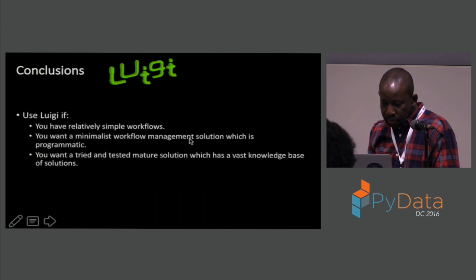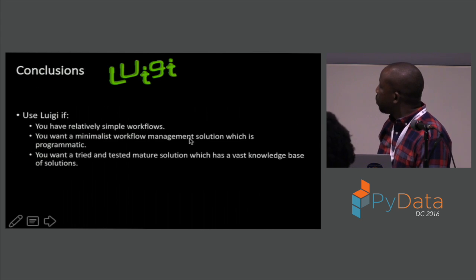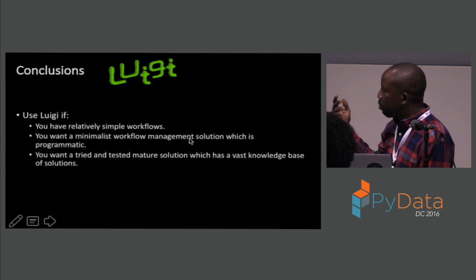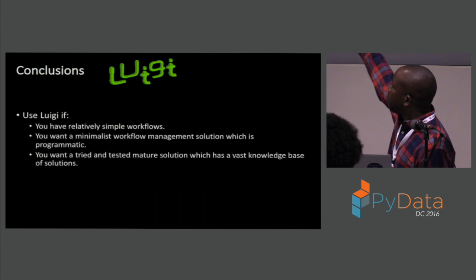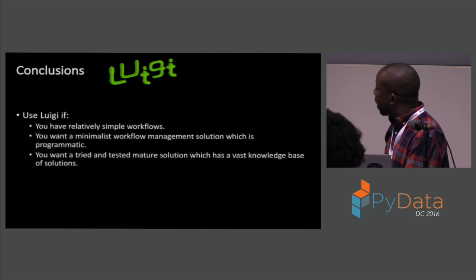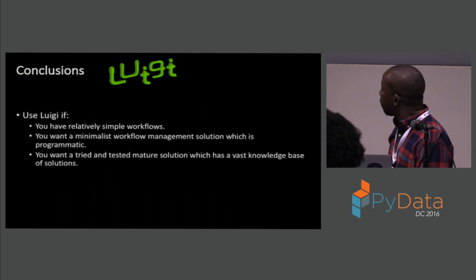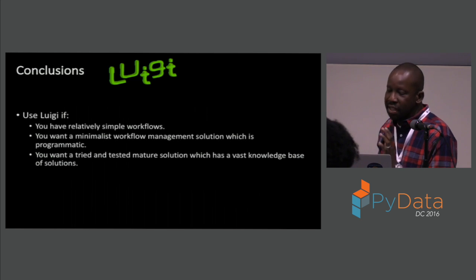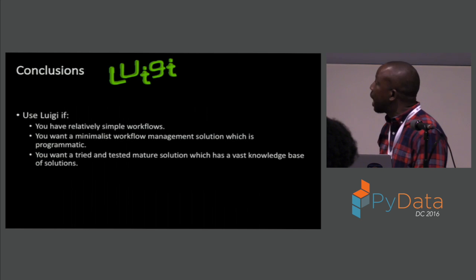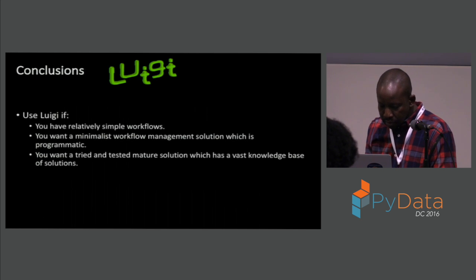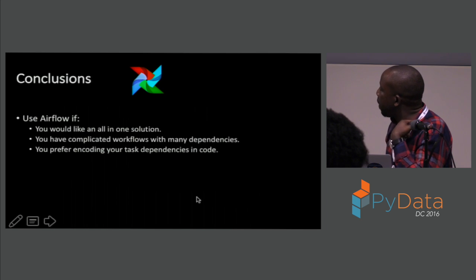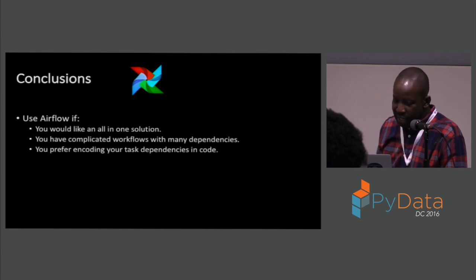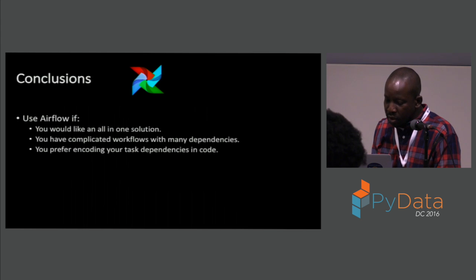Okay, so conclusions. I would say use Luigi if you want to get up and running quickly, your workflows are relatively simple, you want a minimalist workflow management solution that is also programmatic, and a tried and tested solution with a vast knowledge base of solutions out there on Stack Overflow, etc. Airflow, if you want an all-in-one solution, you don't want to have to deal with cron, you have complicated workflows with many dependencies, and you want your dependencies encoded in Python code.